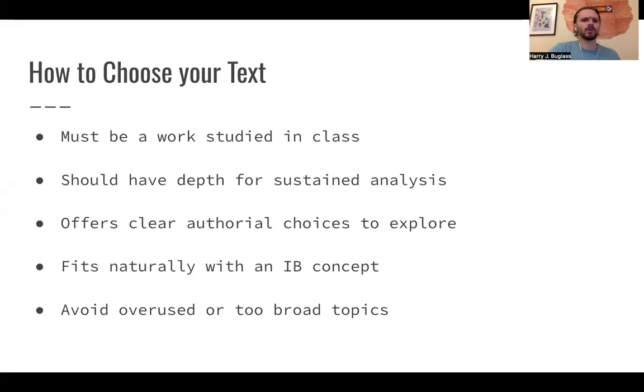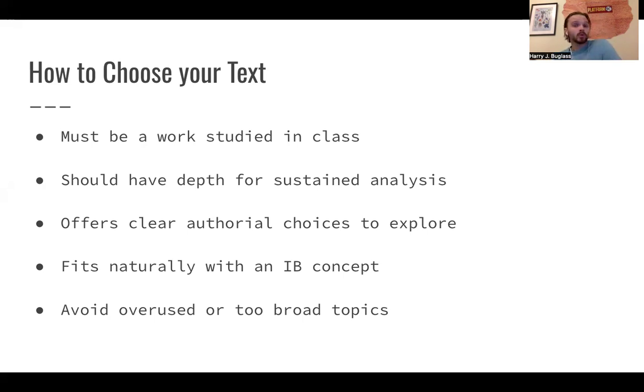So how do we choose our texts? You'll notice you have 6 texts as a higher level student. One of them has been taken for your individual oral. You're going to lose another one for the high level essay. So your text choice here is the make or break. You can only use texts that you look at in class, but within that, choose something with enough complexity to sustain 1500 words.